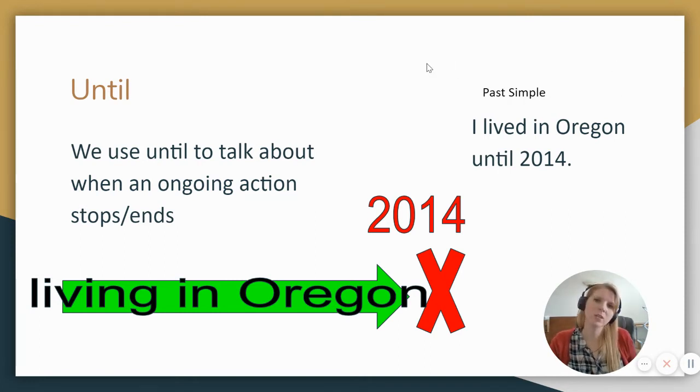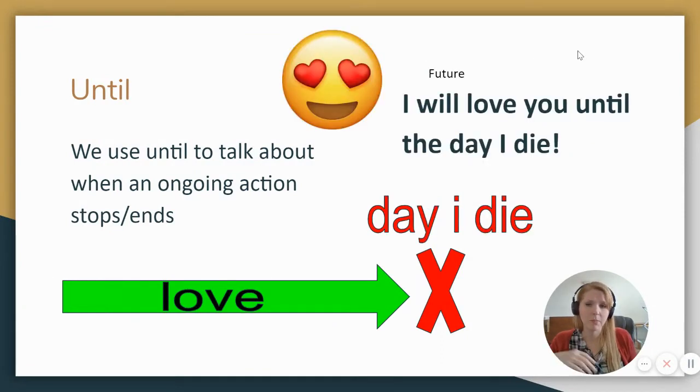Let's look at how we could talk about it with the future. Sometimes this is a very romantic example using will. We could also use present continuous with I am going to. I am going. That am is R-I-N-G.